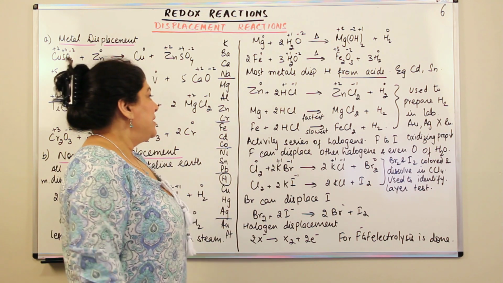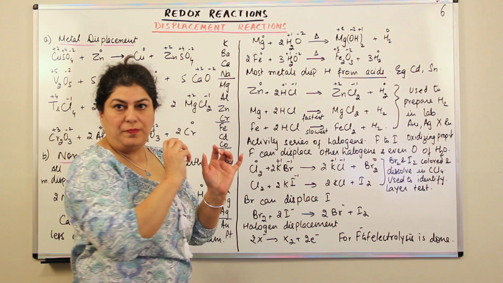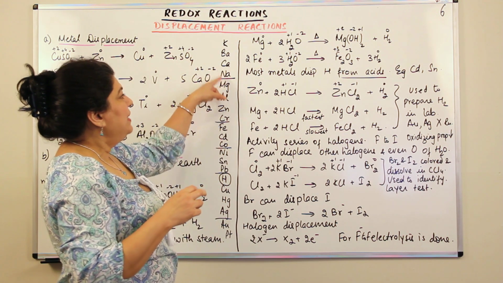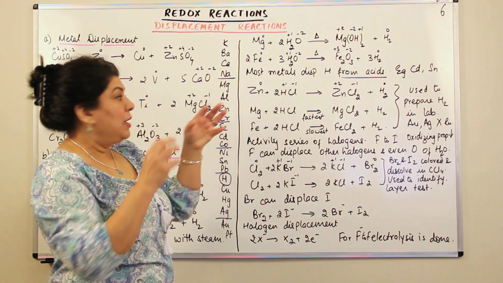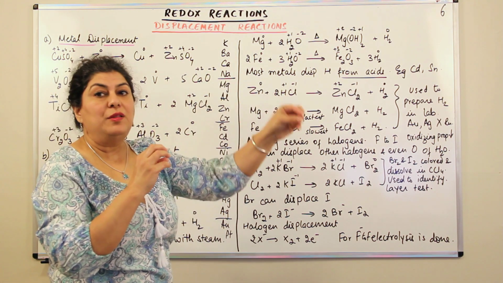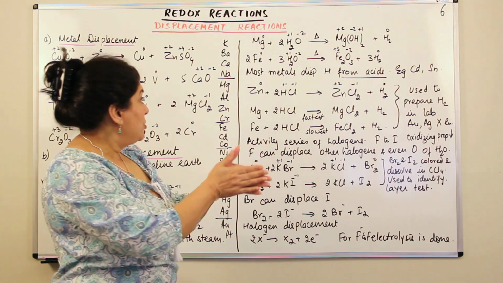So a displacement reaction will only take place if you have a free metal and the combined metal, meaning the metal combined in the form of a compound as a salt.